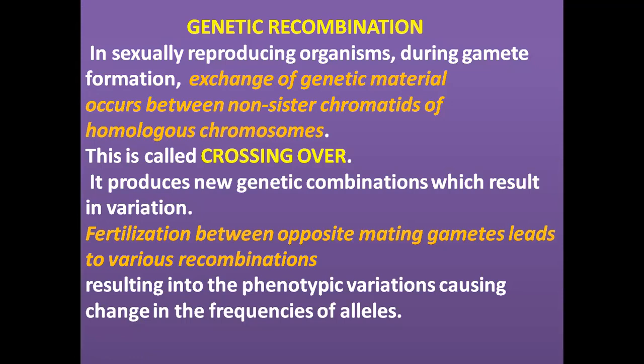Genetic recombination. In sexually reproducing organisms, during gamete formation, exchange of genetic material occurs between non-sister chromatids of homologous chromosomes. So, with the help of a diagram, I will tell you what are non-sister chromatids and what are sister chromatids.